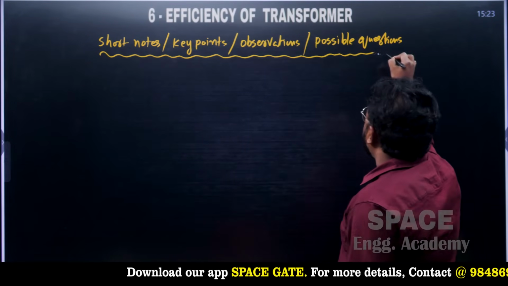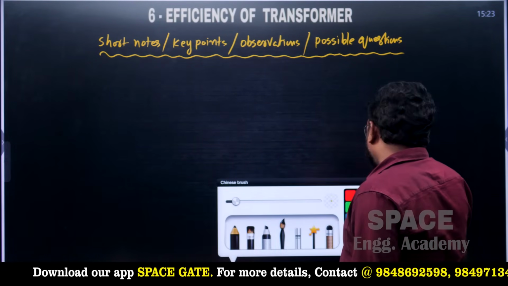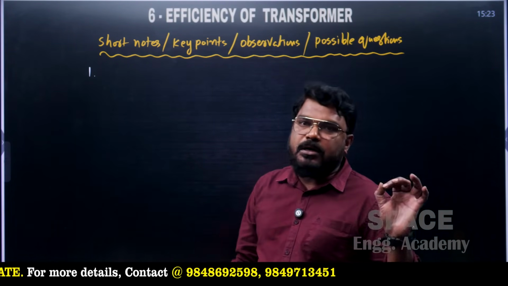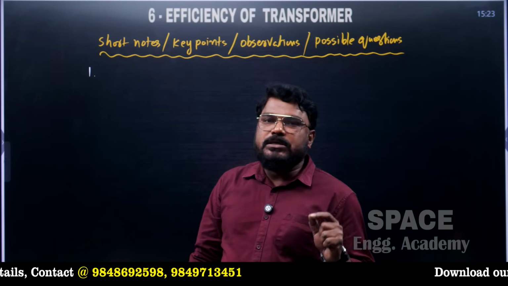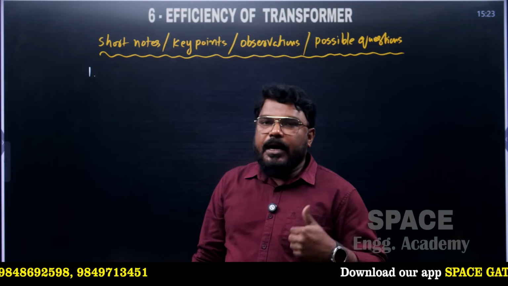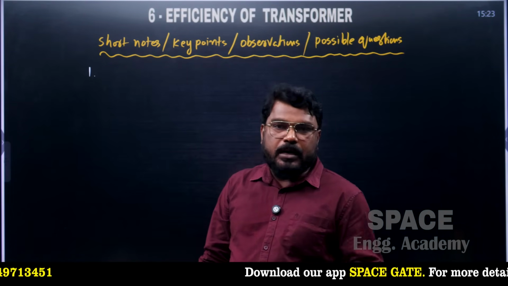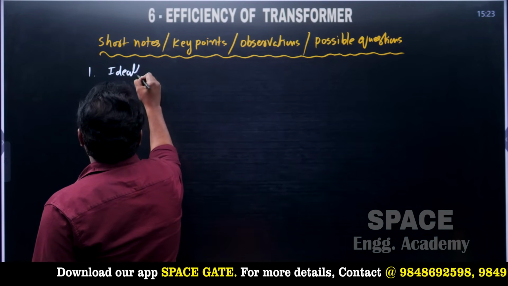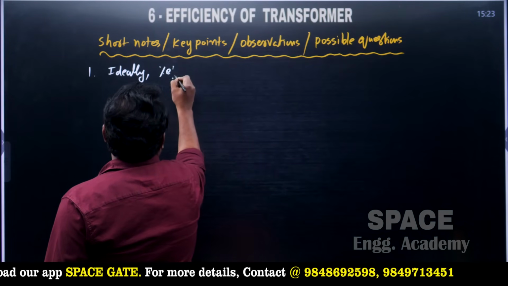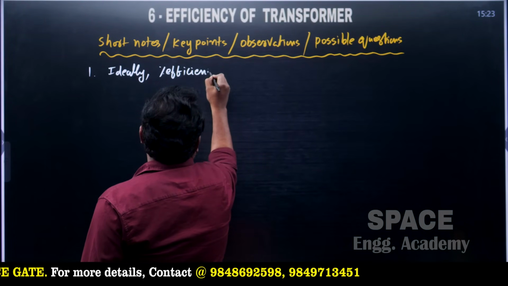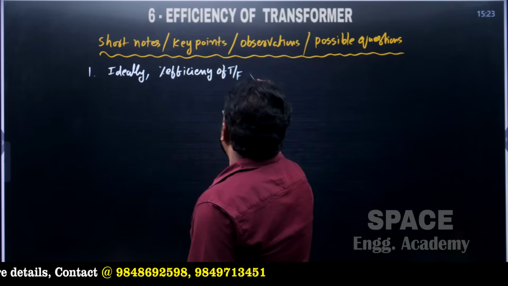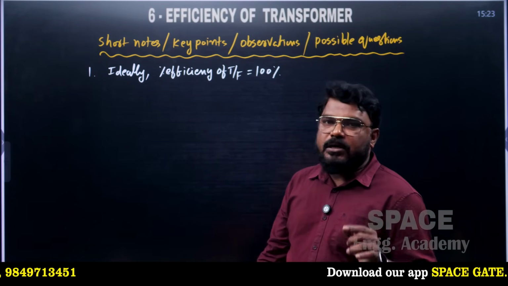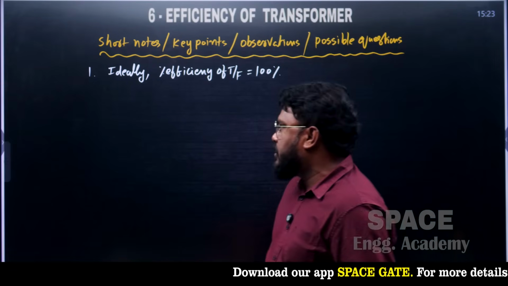The first observation is: what is the efficiency of the transformer ideally, and what is it practically? Ideally, the percentage efficiency of the transformer is equal to 100%.